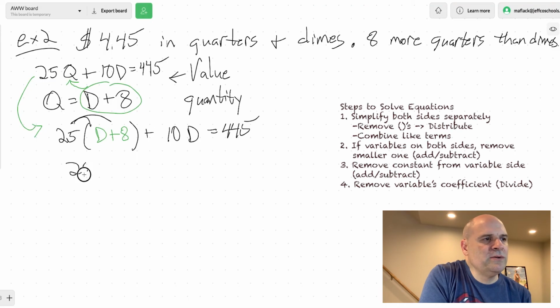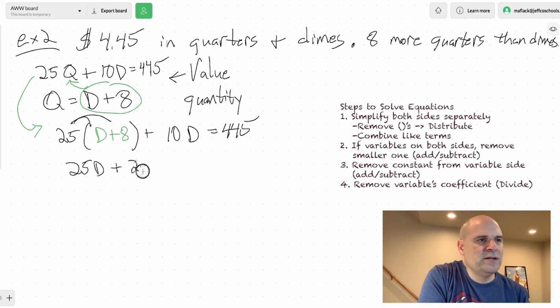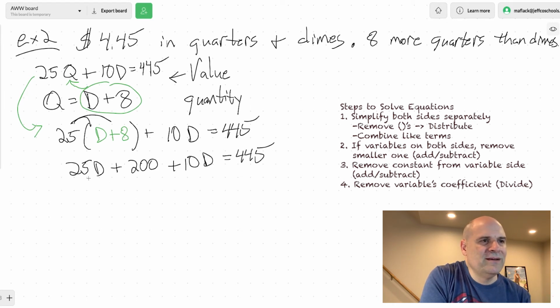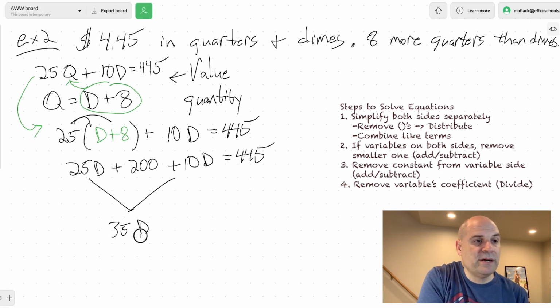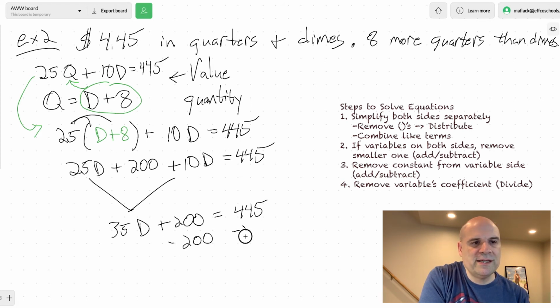25D, so all I'm doing is removing the parentheses by distributing. Plus 8 quarters is 200. Plus 10D equals 445. All right, 25D and 10D, that's 35D. All we're doing now is combining like terms. Next step, get rid of the constant on the variable side.